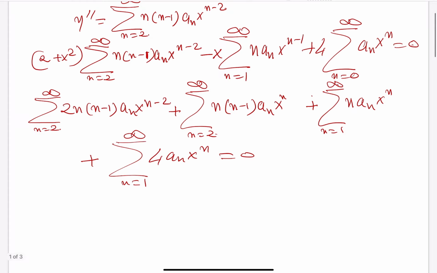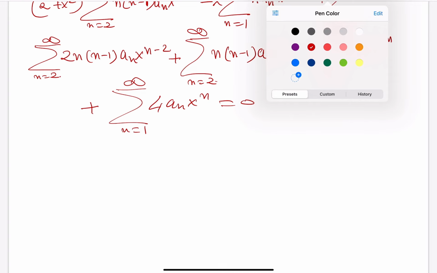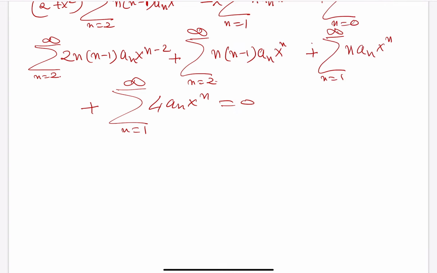Now you can just go ahead and combine them. Let's use a dummy variable. Let's call it j. Let's change it here first. Let me do it in color so I can separate them.